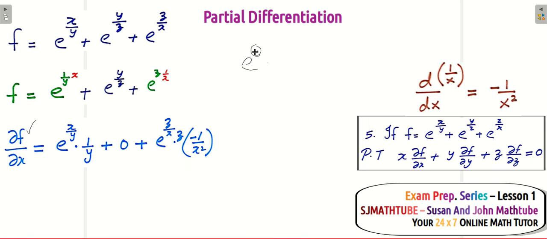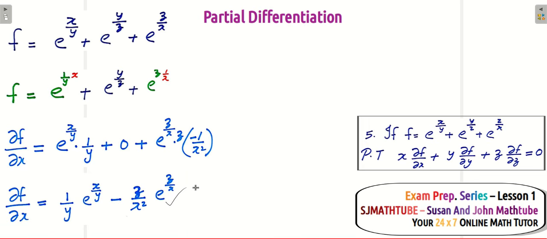So according to our chain rule, it will be e to the power the same thing, and then the derivative of that something part. Okay, so e to the power same thing and then 1 by y. Now we are differentiating with respect to x, so x is the only variable, so this is a pure constant, and finally e to the power same thing and then z into minus 1 by x square.